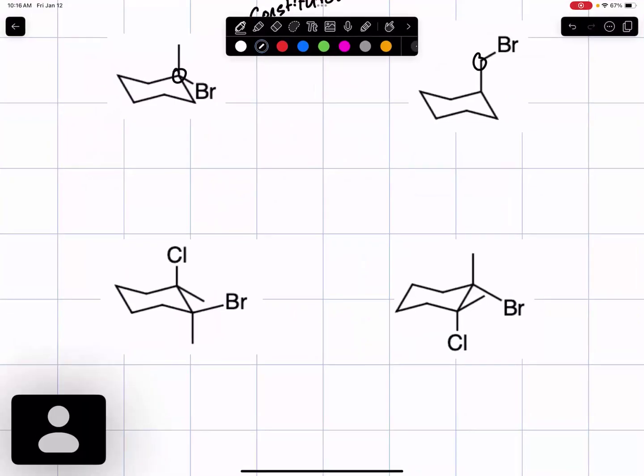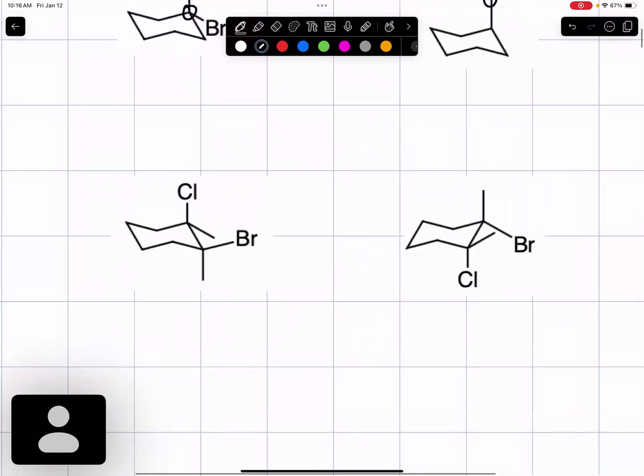Okay, back to relationship questions. How about here? How would you go about doing this? From the get-go, they look like they have the same amount of carbons and the same amount of heteroatoms. How would I go about this? What do I need to do? What would be my next step?